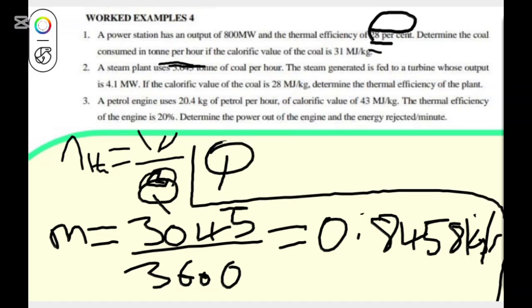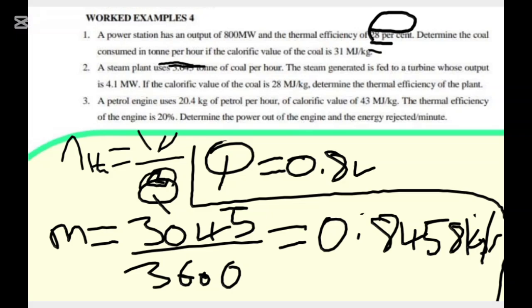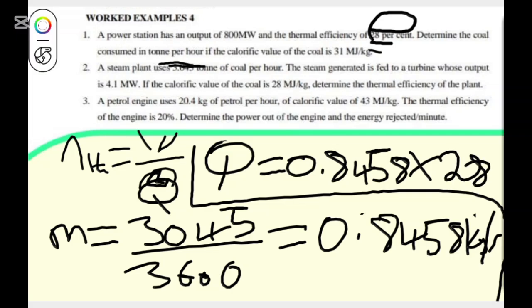The heat supplied Q should now be equal to the answer that I got in kg per second, which is 0.8458, multiplied by the calorific value, which is 28.